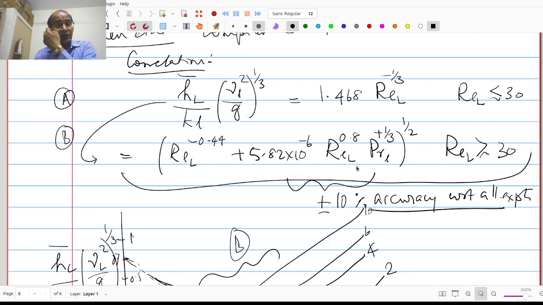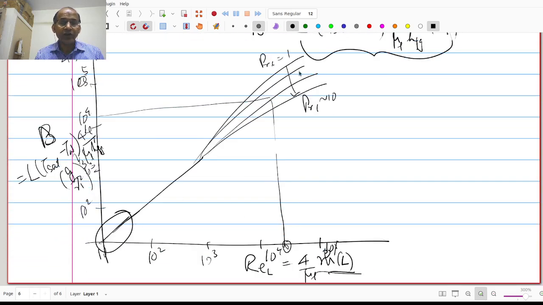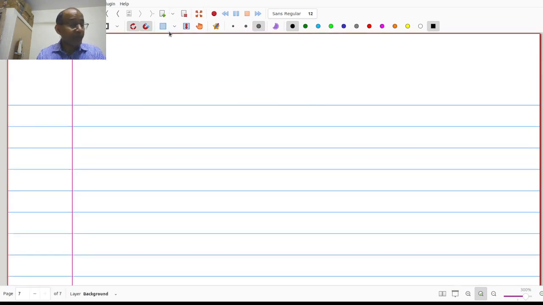So REL by B will be equal to this in one region and equal to this in the next region. Okay, so that is what is plotted in this form. So if you know B and Prandtl number, then you can get the value of REL. So this is how the Nusselt number for turbulent falling film convection can be obtained.